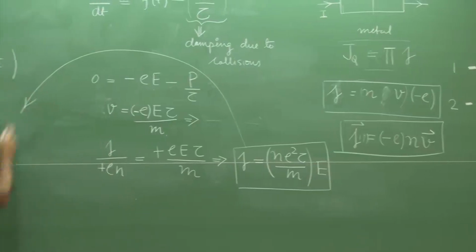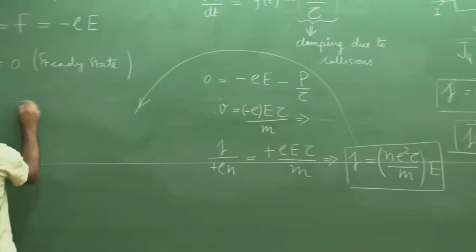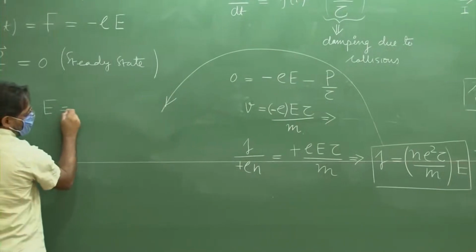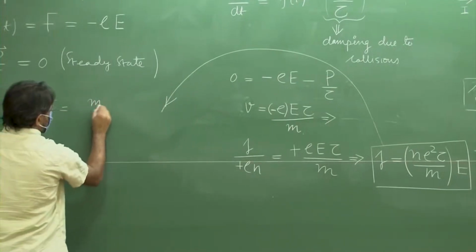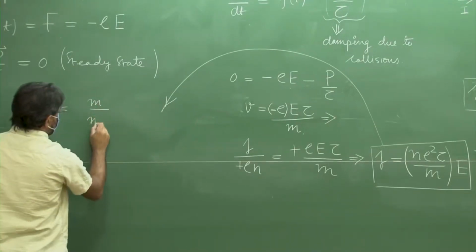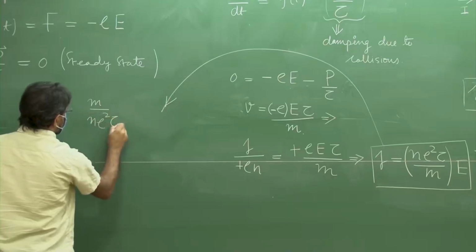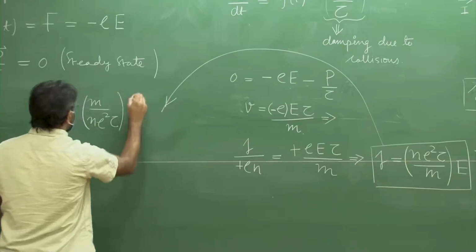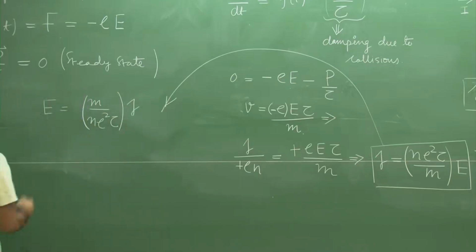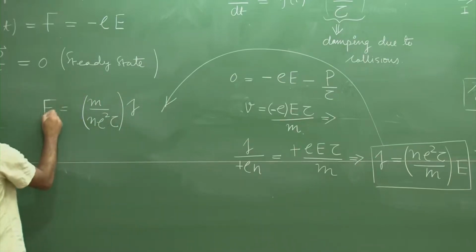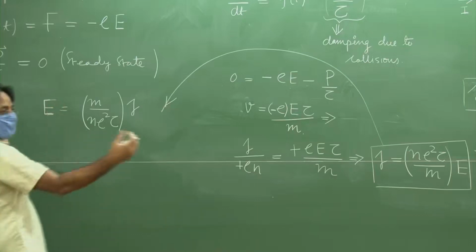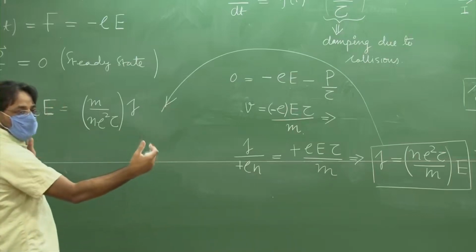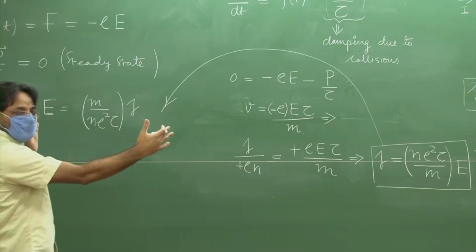I can rewrite that as E equals m over n E square tau times J. Is that right? And for the electric field, I can write it in terms of the potential gradient that I have applied. So E is just V by L, where L is the length of the sample.